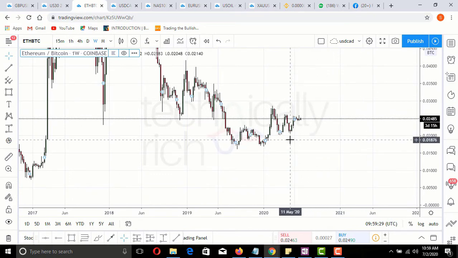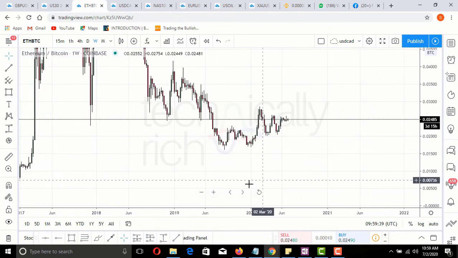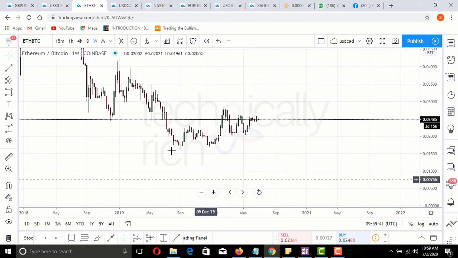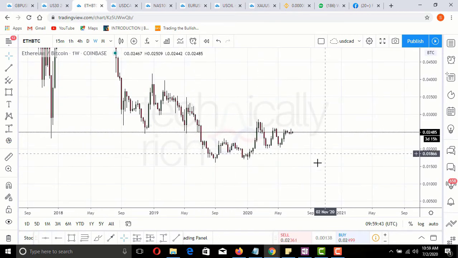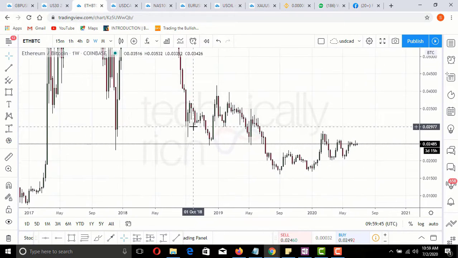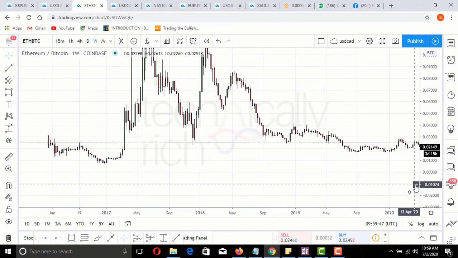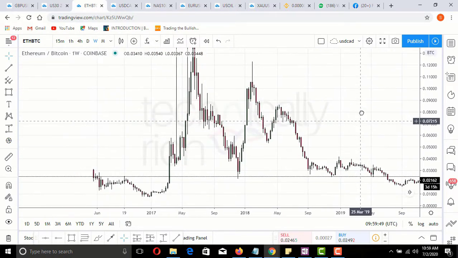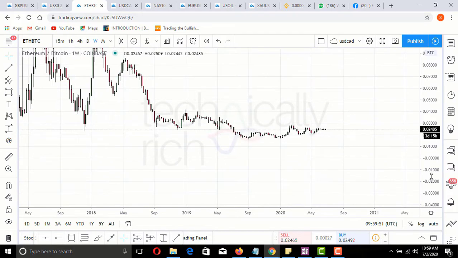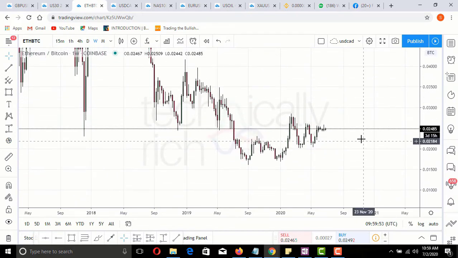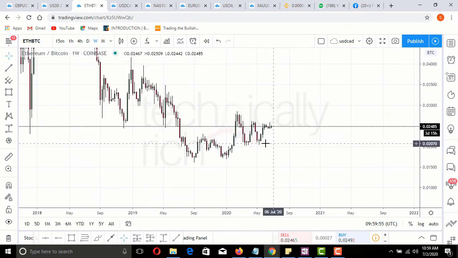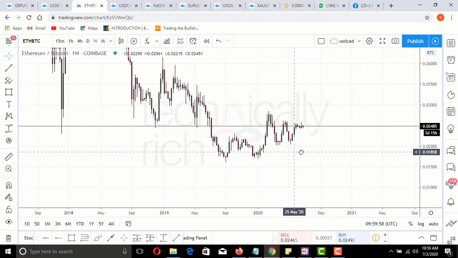It's the same as when your support is broken, retested and respected, it turns to resistance, and when your resistance is broken and retested, it turns to support. Since you already know you buy from support and sell at resistance, you apply the same thing: you buy at demand and sell at supply.